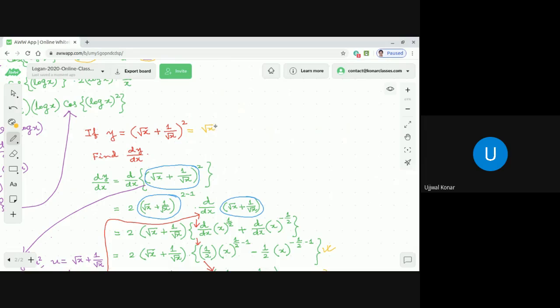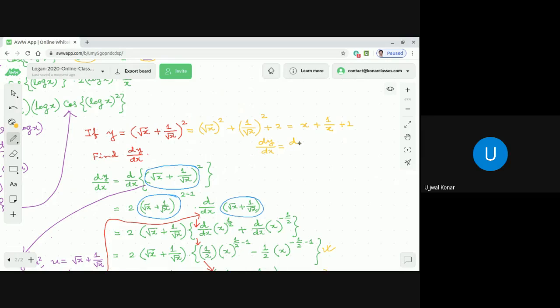That is square root of x whole square, plus 1 by square root of x whole square, plus 2, because square root of x into 1 by square root of x gets cancelled. So square root of x whole square is x, plus 1 by square root of x whole square is 1 by x, plus 2. Find dy/dx.